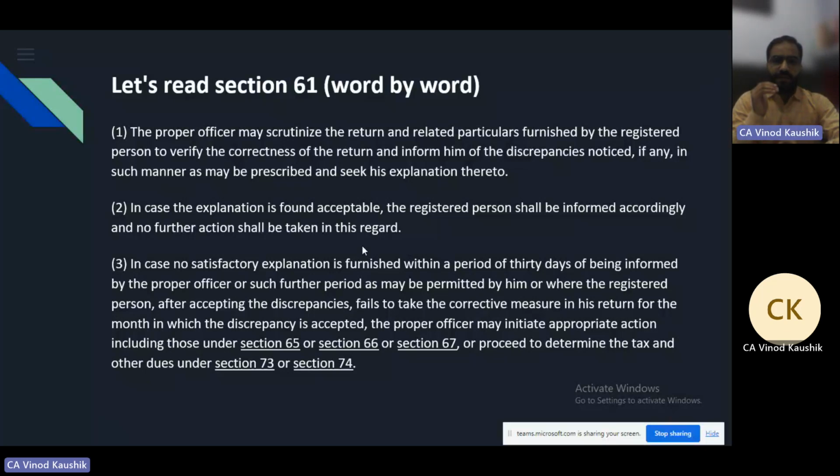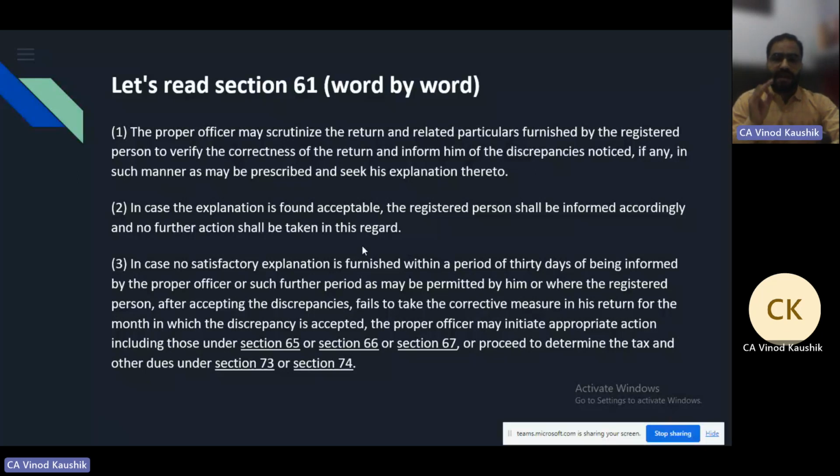And if he is not able to scrutinize the return and on his whims and fancy, he sends ASMT 10, that ASMT 10 is per se void and not valid. The scrutiny of return needs to be made first. He can scrutinize my returns manually if he wants so, or he can use system tools, the data mining, the data reports available in the GSTN or the CBIC system.